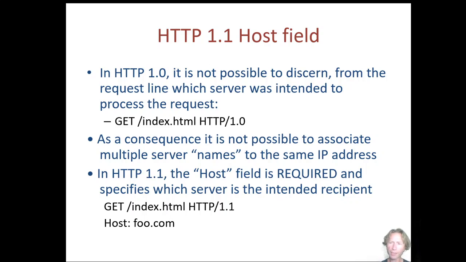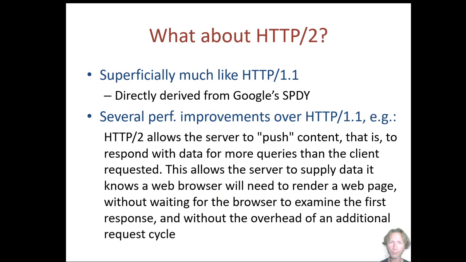So that was fixed in HTTP 1.1, where we now have a host field that is required. It's a mandatory host field that you have to specify. So you can still do GET /index.html, but in HTTP 1.1 you have to have this host field, specifying that in this particular case it is for foo.com.